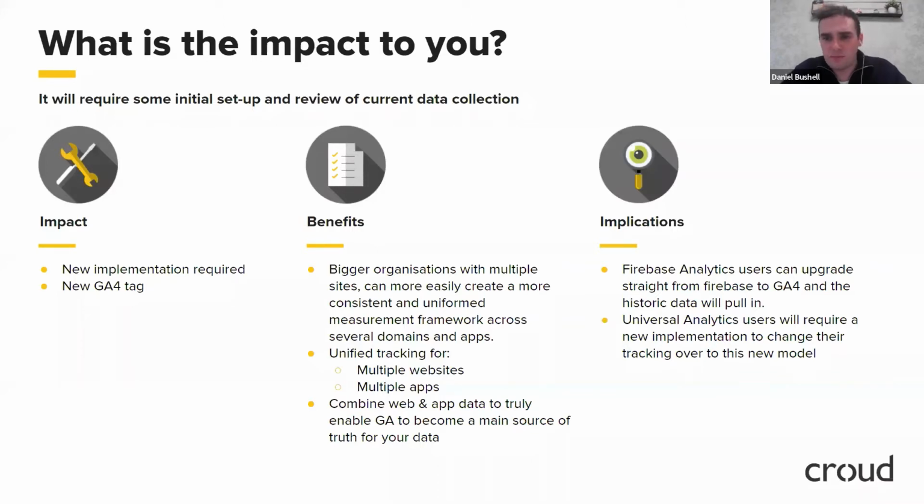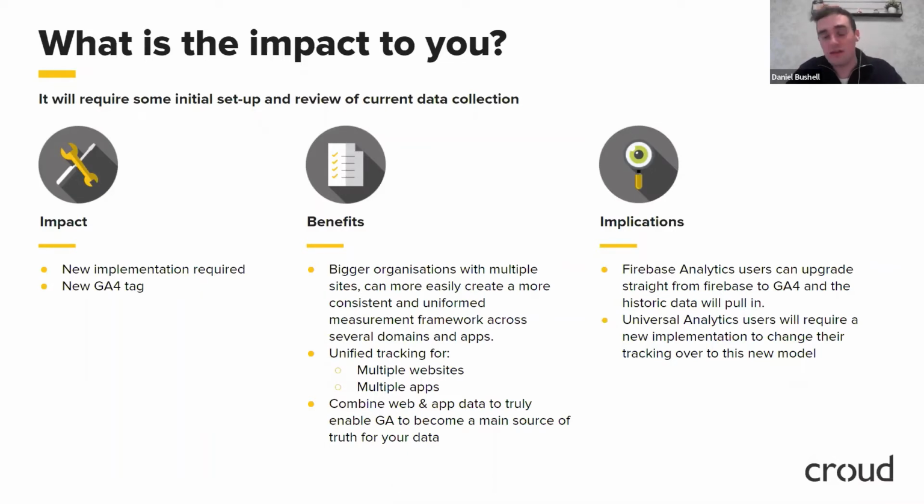There are some really obvious benefits to this new data collection structure as well. If you've got a big organization with multiple sites, it's really easy now to develop a universal and uniform framework across several domains and apps, because we're not limited to that three-tier structure of category, action, and label. We can add up to 25 parameters for all our events.